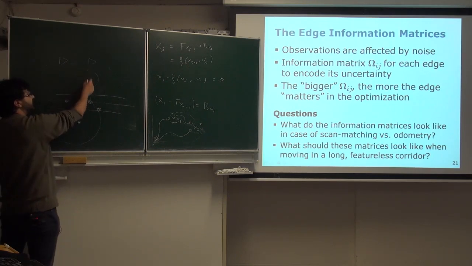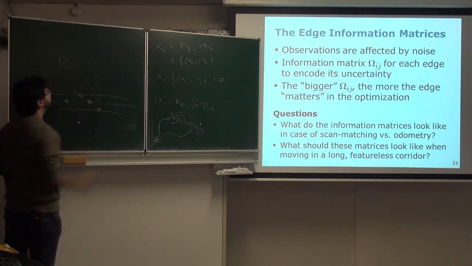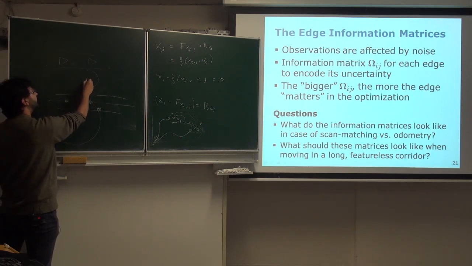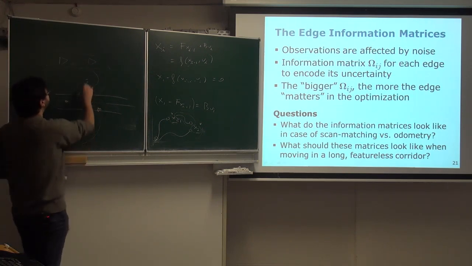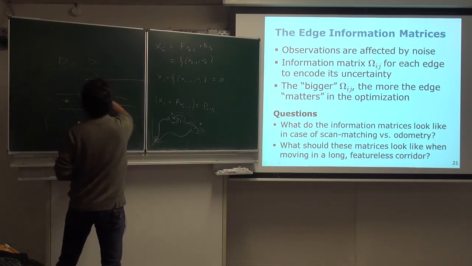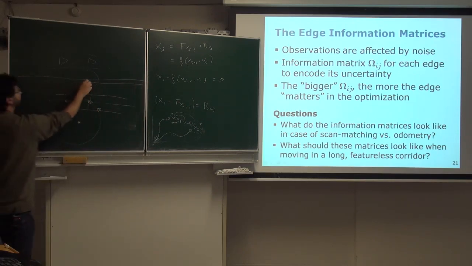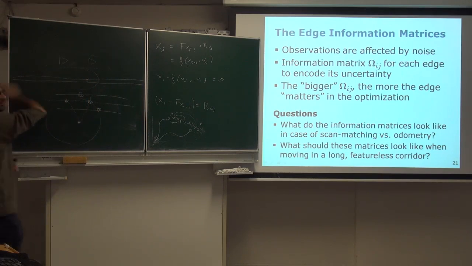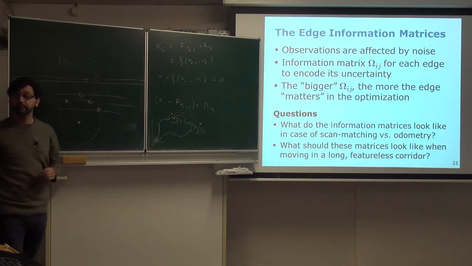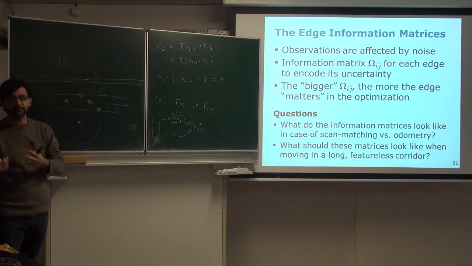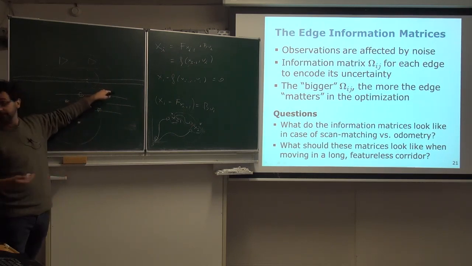And it's very large in this direction, and also in this direction, and this will be our corridor. The scan matcher will do something like this. It's very precise in this direction, okay? But then it will be kind of infinite on this line and infinite on this line if you just want to draw an ellipse there. So you cannot draw it because it's infinite, so it's kind of a singular case. But that's what will happen.